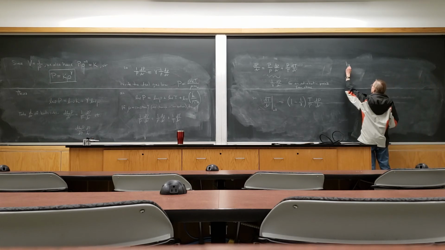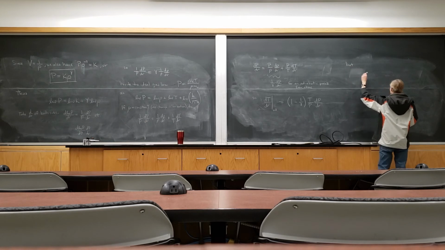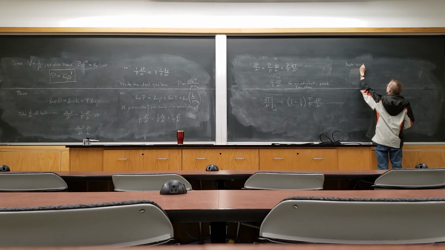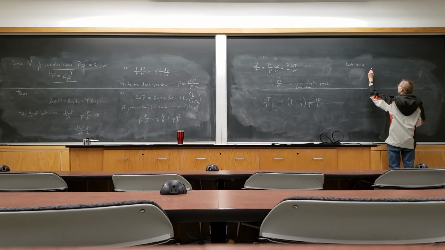But now we can keep going because, again, the ideal gas law says P is rho kT over mu mH.